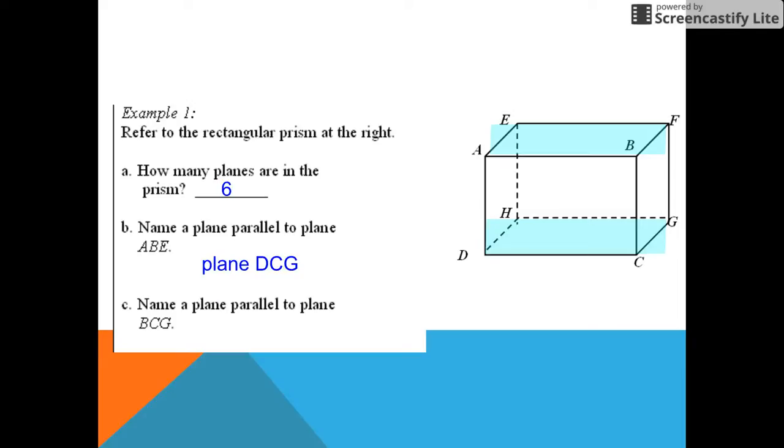Notice the name of the plane has the word plane in it, and then 3 points are used. You can use any combination of 3 points, although you should go in order around the edge of the plane. And then a plane parallel to BCG on the right face of the figure would then be plane DAE on the left face of the figure.